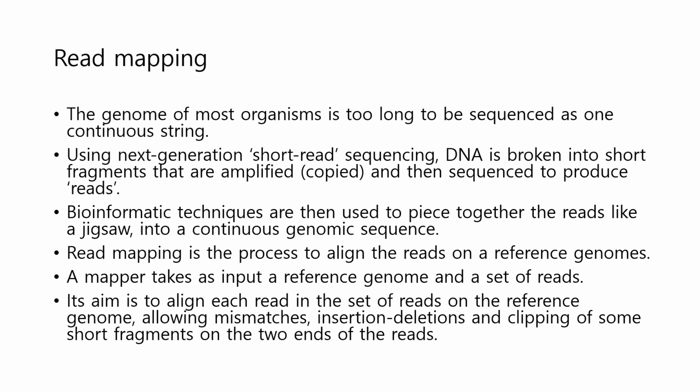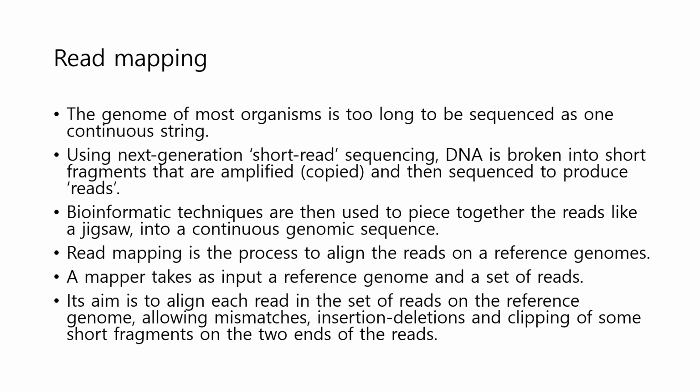Read mapping is an essential part of NGS analysis, because the genome of most organisms is too long to be sequenced as one continuous string. Using NGS short-read sequencing, DNA is broken into short fragments that are amplified and then sequenced to produce reads.